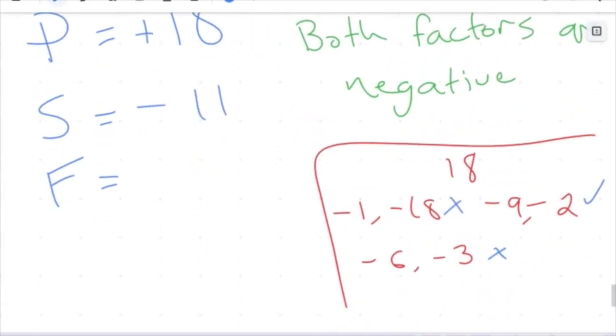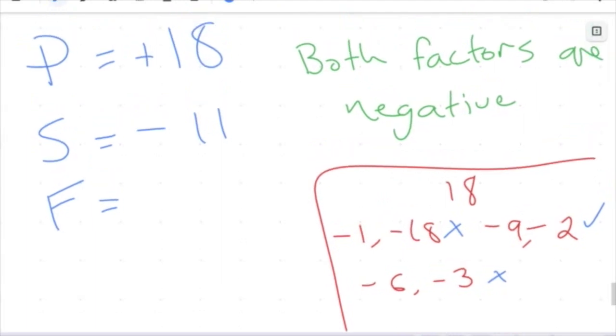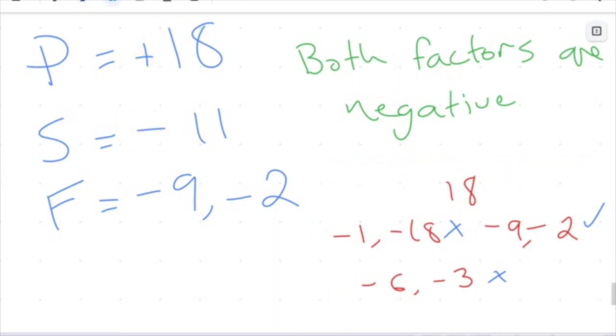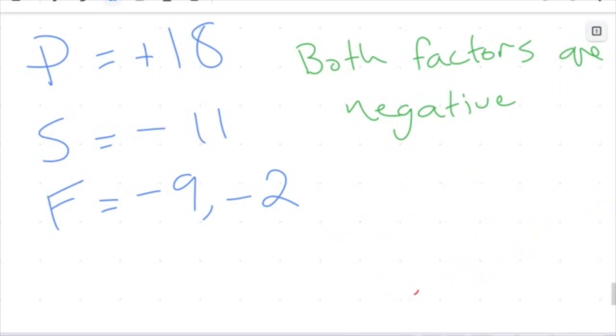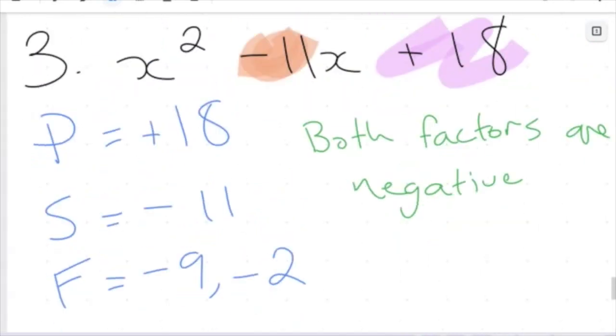So my negative 9, negative 2 is going to be my pair of factors. So this is where taking a quick moment to consider the signs makes our life a lot easier when we want to factorize.